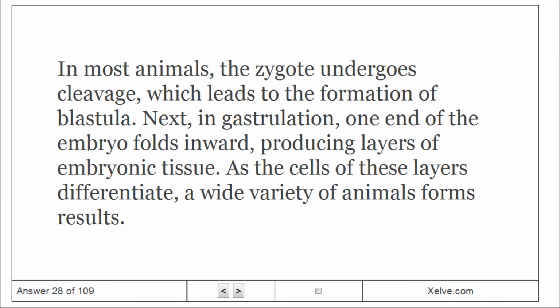In most animals, the zygote undergoes cleavage, which leads to the formation of a blastula. Next, in gastrulation, one end of the embryo folds inward, producing layers of embryonic tissue. As the cells of these layers differentiate, a wide variety of animal forms results.